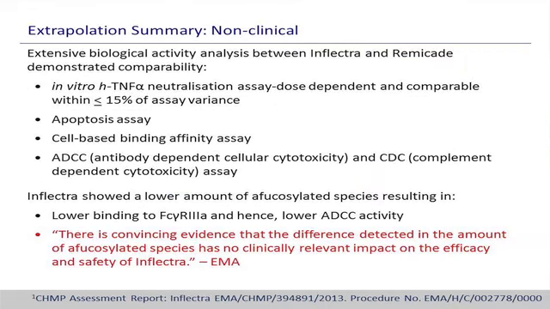So if we look at the extrapolation summary, it was very extensively characterized from biologic activity, neutralization, and they showed a lower amount of afucosylation, as I mentioned, but in fact, EMA did not think this would have a clinically relevant impact, and thus they extrapolated.